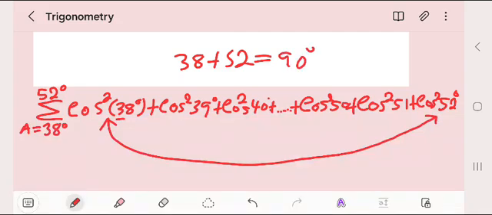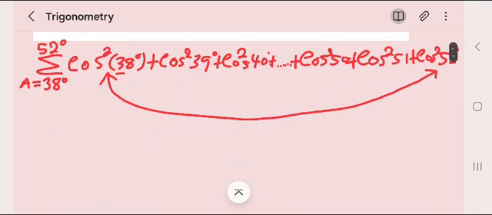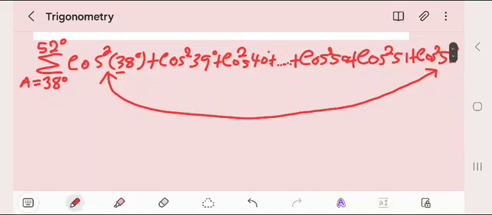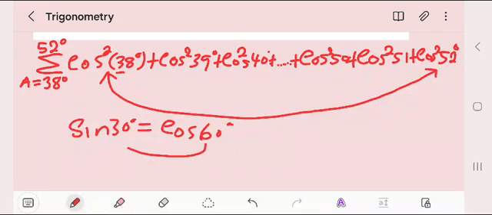You see, these are co-functions. You can change one of the two. For summary, if you have, for argument's sake, sine 30 degrees, this is the same as cos 60 degrees, as long as the angles add up to 90.